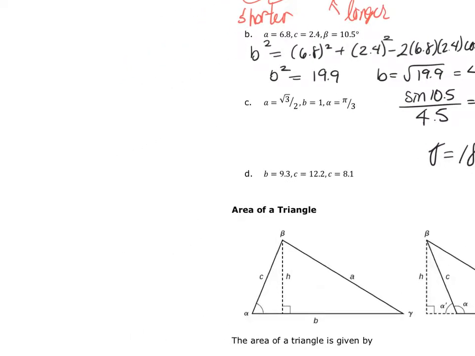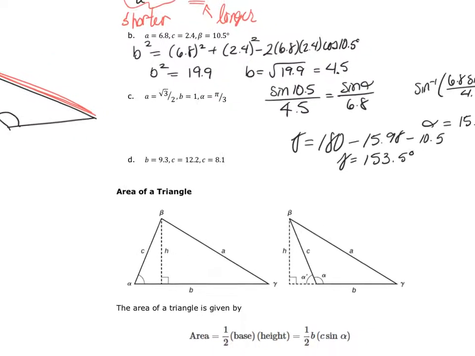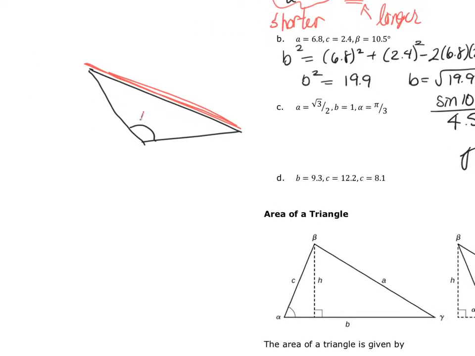Because if I give you a triangle that looks like this, do you all agree that is the largest angle? Do you all agree that this is the largest side? Does it make sense to have 153 be opposite 2.4 when I have 6.8 as a side?